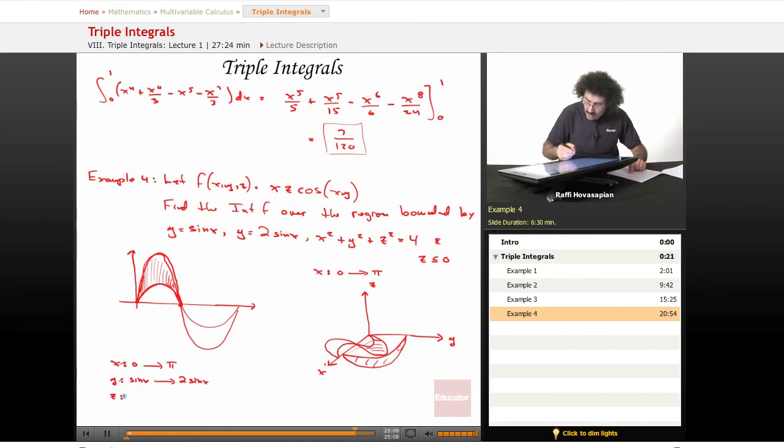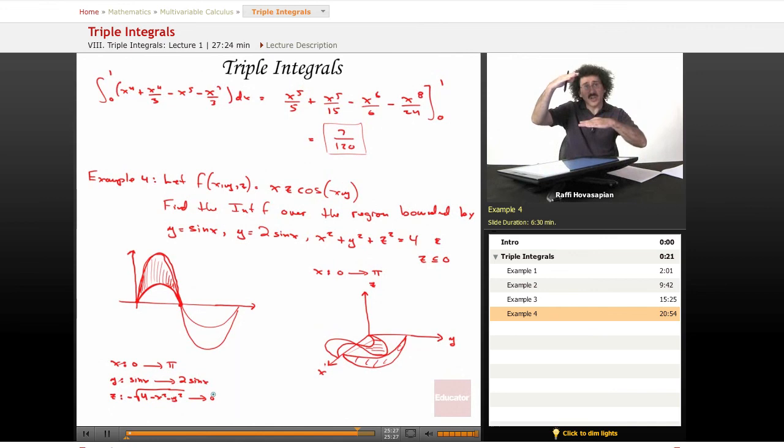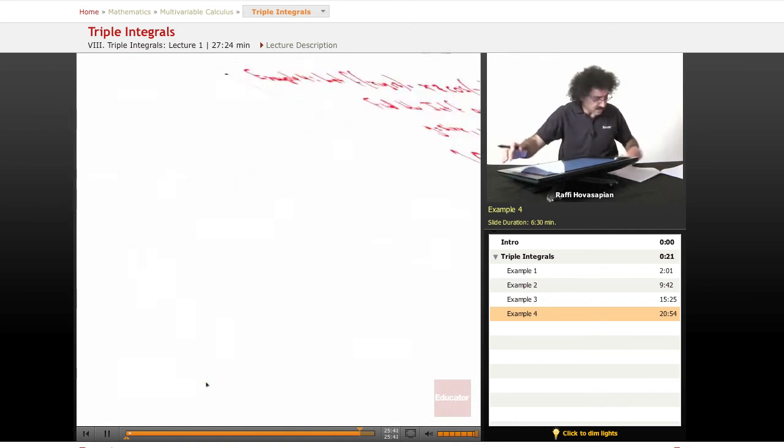And z is going from minus radical 4 minus x squared minus y squared up to 0, right? The lower limit of integration is the actual sphere itself, and it's going up to 0 because it's below the xy plane. So this is what's important.